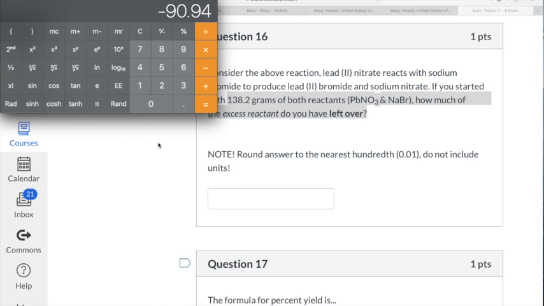Okay, sorry. So I have 90.94 grams of my product that I would have made, but I didn't because I ran out of my other reactant. So that's PbBr2.